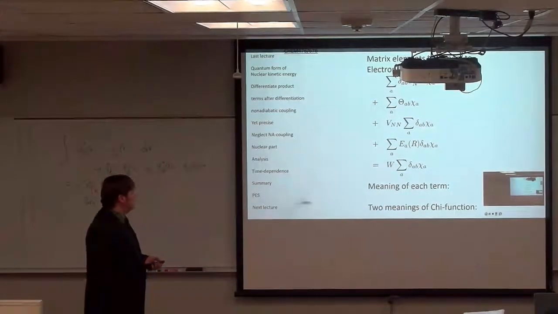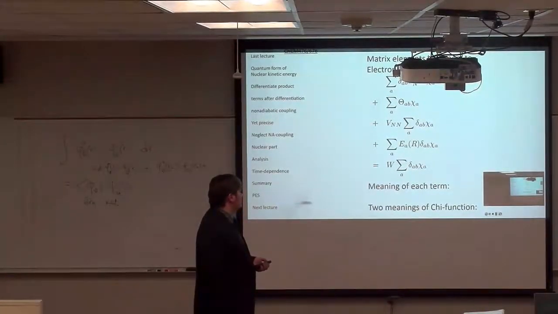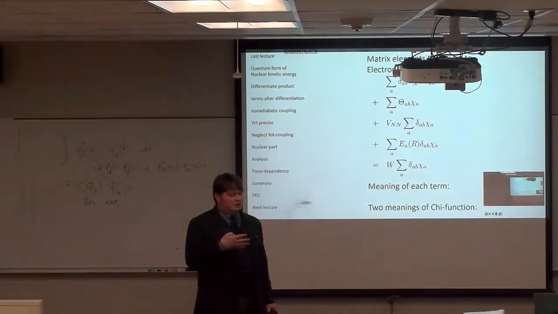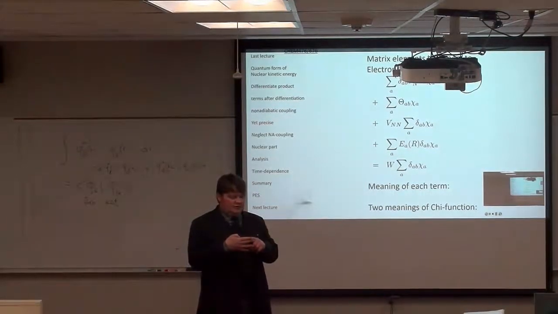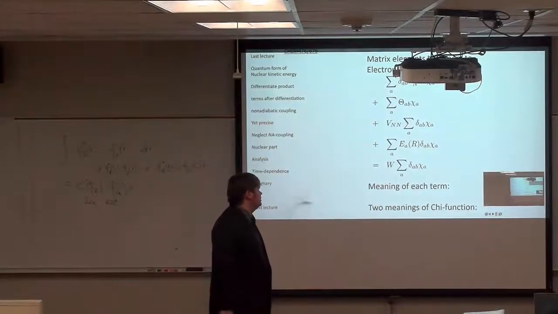Okay, so going back to where we started. Originally we had four lines in the equation. First line for nuclear kinetic energy, then nuclear repulsion, then eigenstates of the electronic state, and then the bigger eigenstate of the overall molecular system.